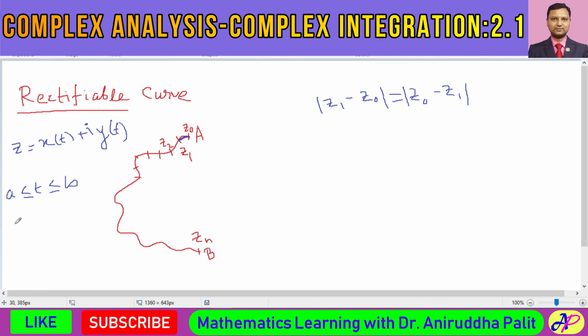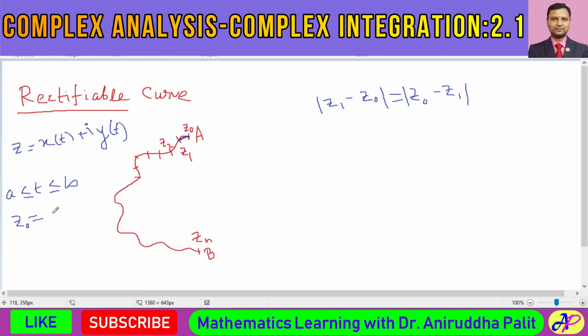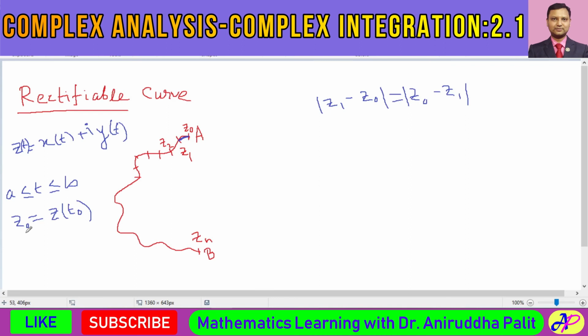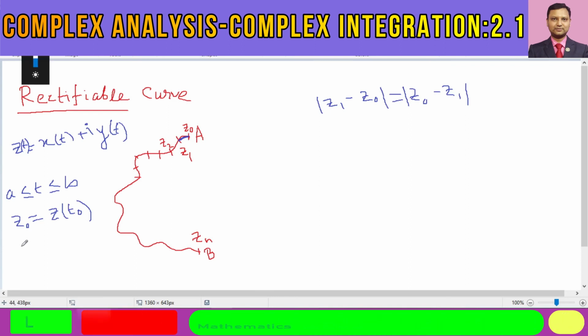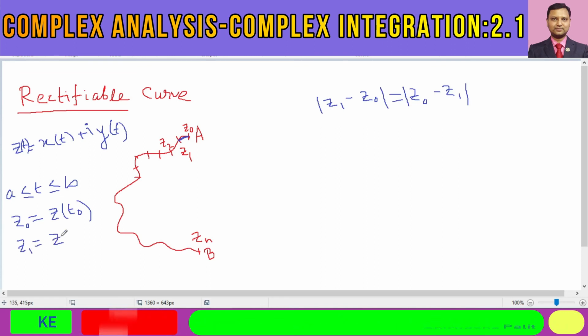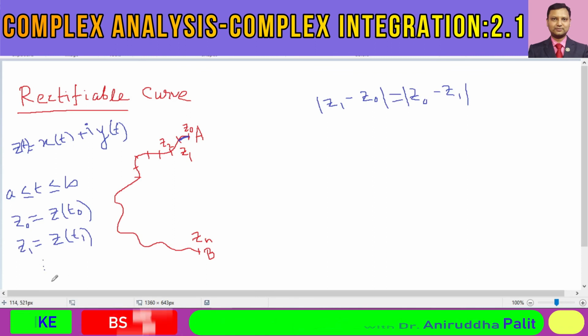Now at the point z0, I should write z as a function of t. At the point z0, this z becomes the function of t0, and at the point z1, suppose this z becomes the function of t1, and so on.